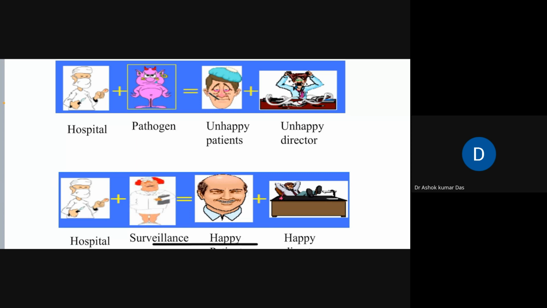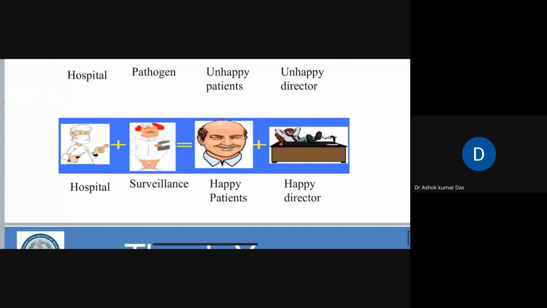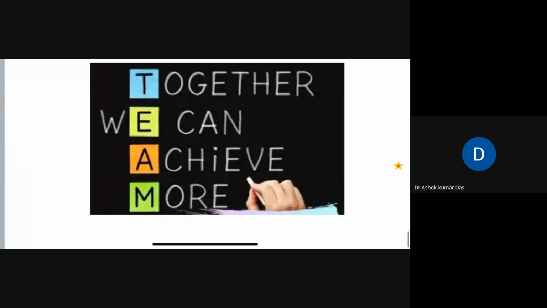But in a hospital, if a good infection prevention surveillance program is going on, then of course you would be able to curb HAI, the healthcare associated infections, and everybody would be happy. So yes, a whole team is required to achieve the IPC goal.